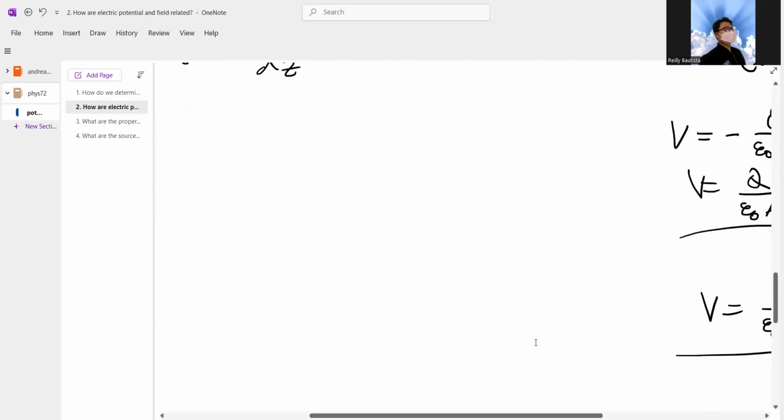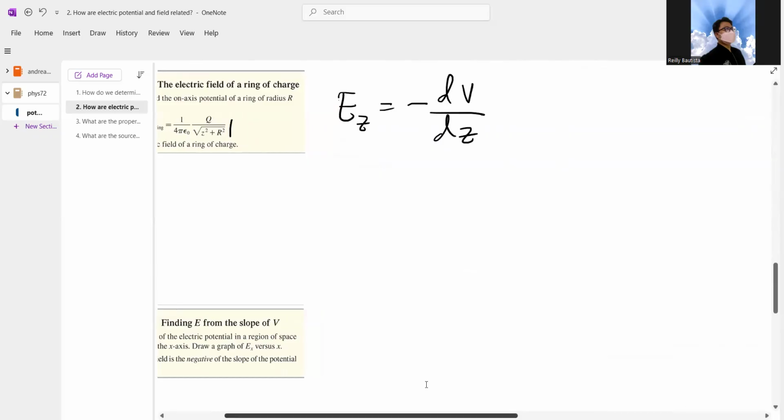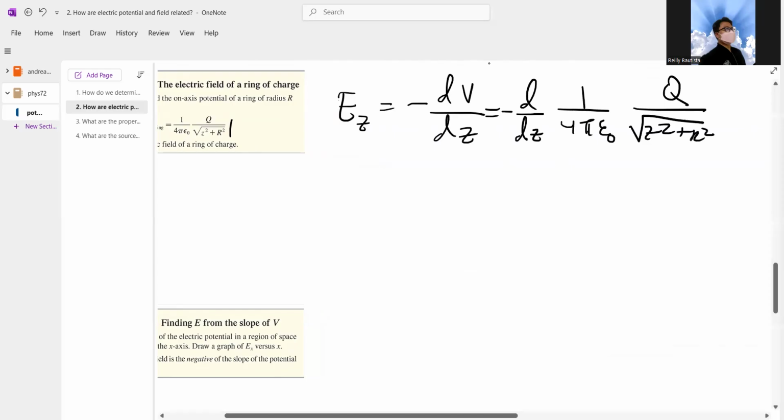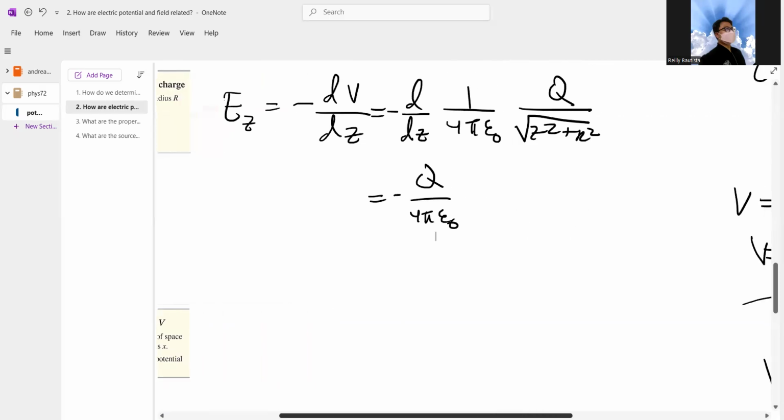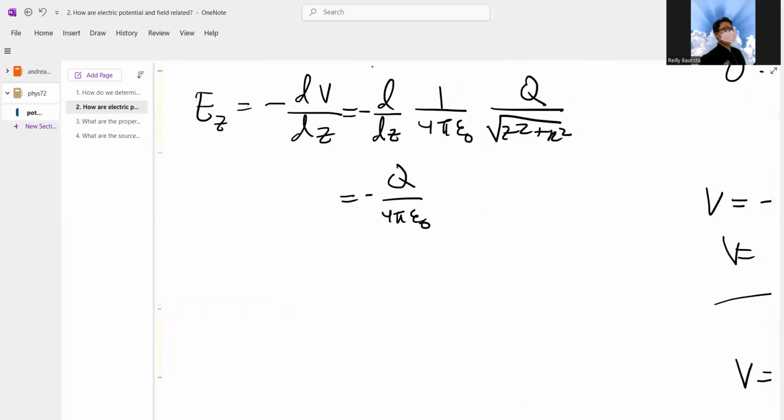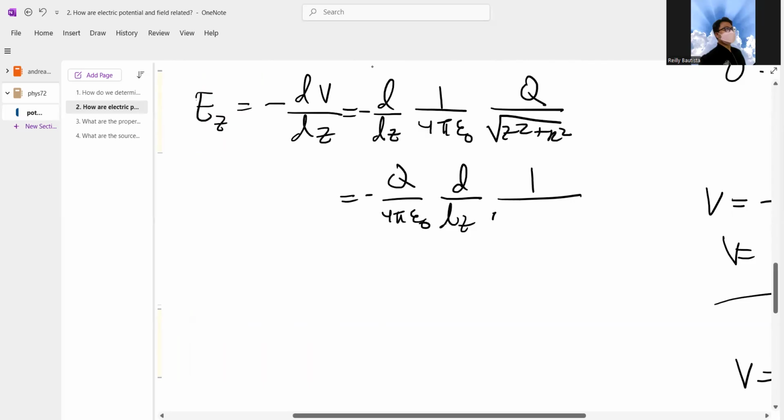We'll copy that: negative d over dz of q over 4 pi epsilon naught times 1 over the square root of z squared plus r squared. We put the constants q over 4 pi epsilon naught outside. We're going to rewrite this one to make it clear: z squared plus r squared, where the square root means the power of 1/2.